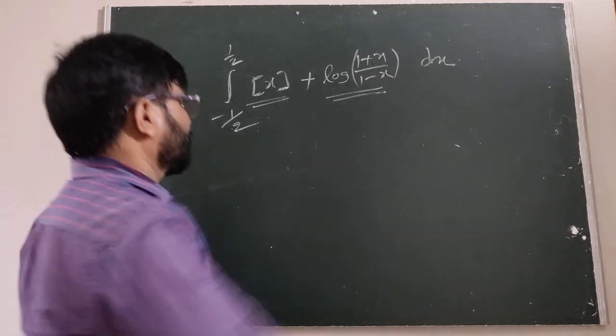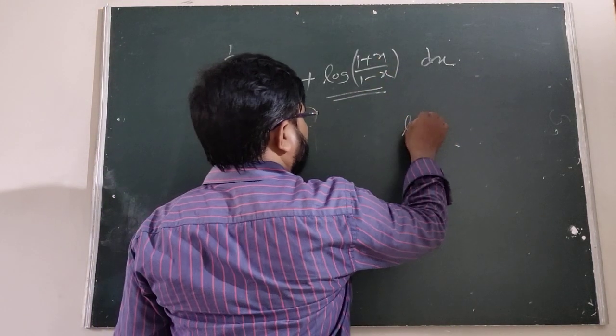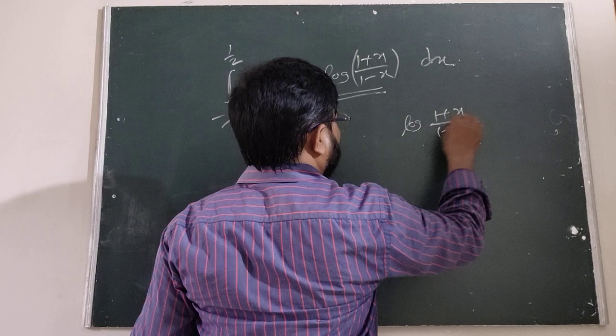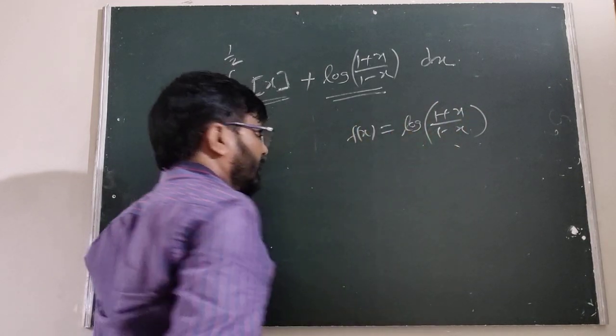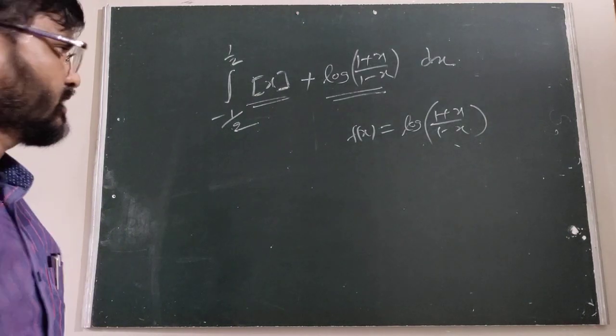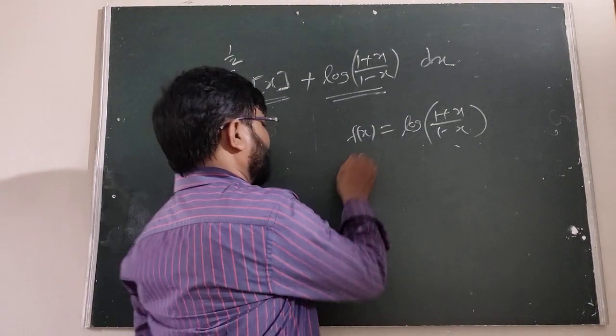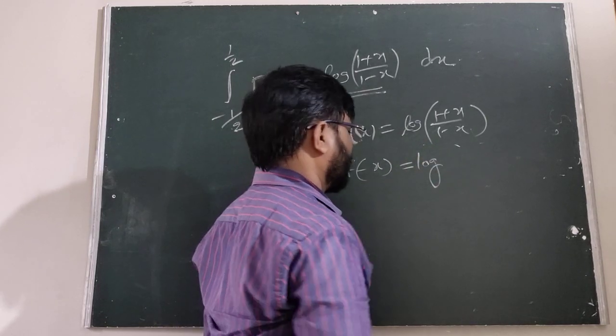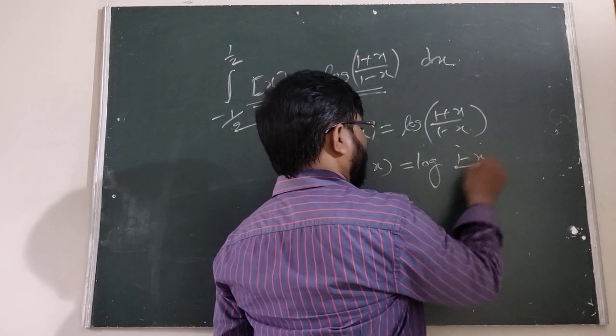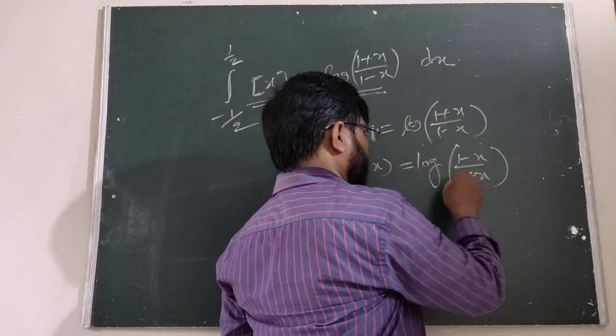Is it clear? How to write this? Here this is the log of 1 plus x upon 1 minus x. We are taking it as f of x. Undoubtedly it will be an odd function. Yes or no? Therefore when we take f of minus x, it equals the logarithm of 1 minus x by 1 plus x.